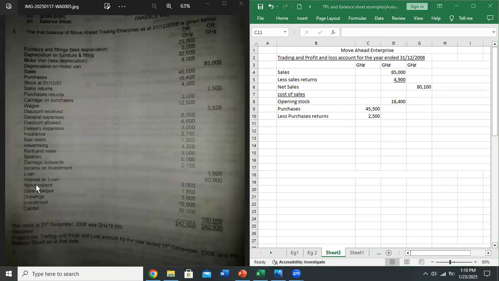Carriage inwards. We have carriage outwards. That's not okay. Carriage on purchases. So carriage inwards is the same as carriage on purchases. That should be 3,000. So we adjust to get the net purchases.